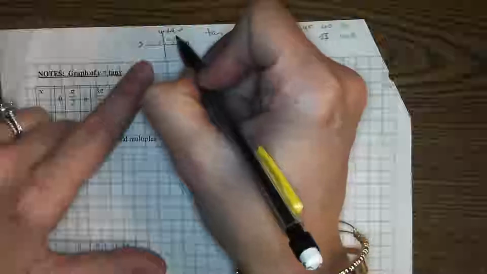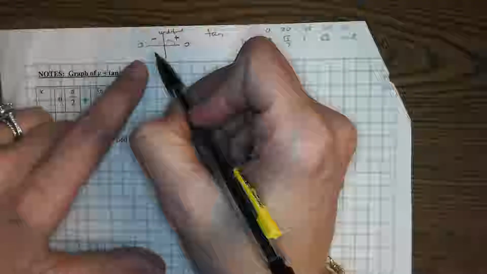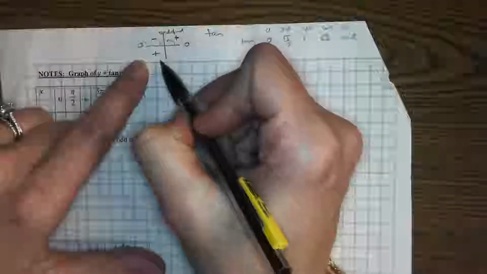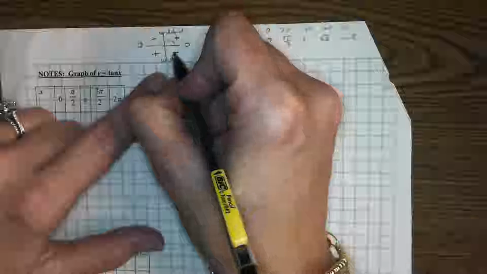And tangent is positive in the first quadrant. In the second quadrant, it is negative. And then it works its way up again indefinitely to undefined. All students take calculus, so it's positive there, and it's negative in that quadrant.